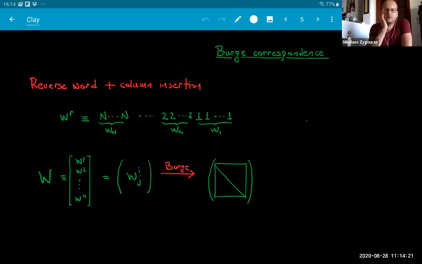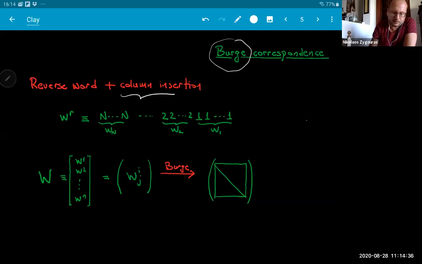And this is a formulation that we will be using. Okay, so now the variant of RSK that I would like to work with goes under the name of Burge correspondence. Burge correspondence works in two ways. It does column insertion instead of row insertion, and it also takes all the words of the matrix and reverses them. So if I have a word W, the reversed word will bring the n's at the beginning, then the n minus ones, and so on.